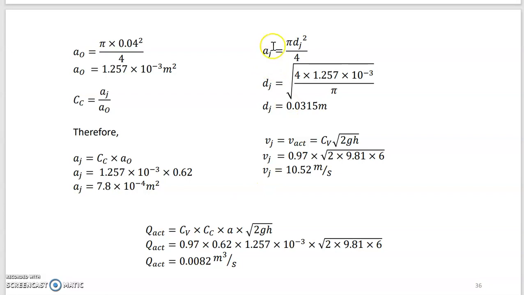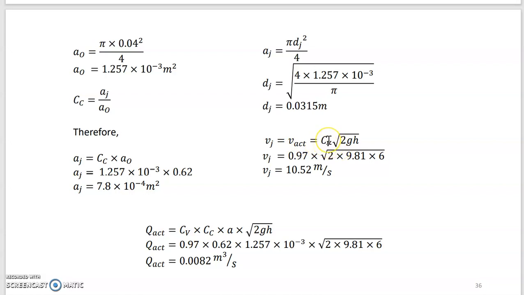Now we can calculate the area of the jet equal to pi d squared over 4, so we can determine the diameter of the jet, that is equal to 0.0315 meter.